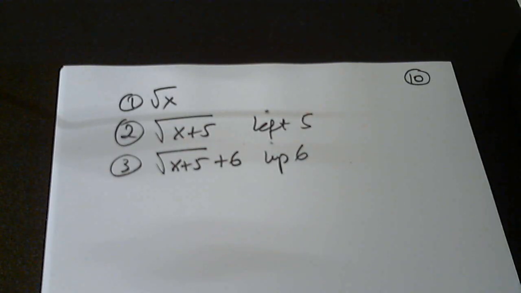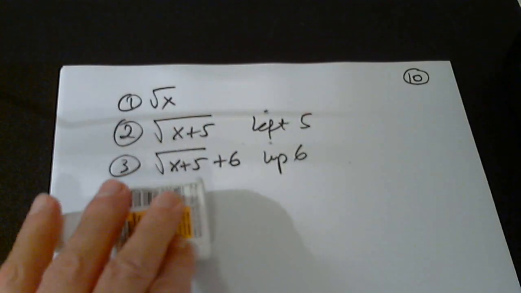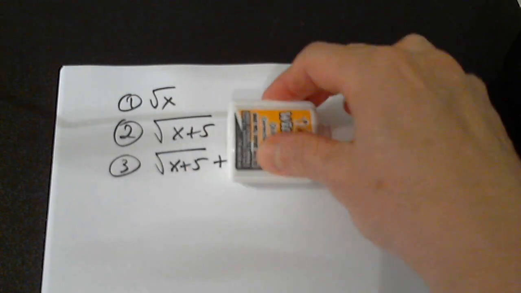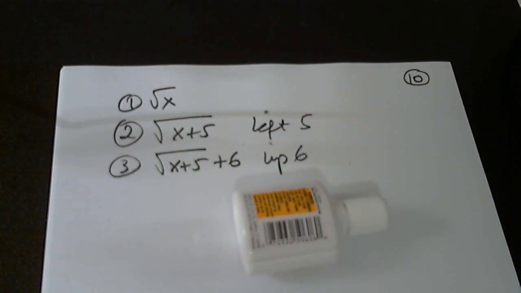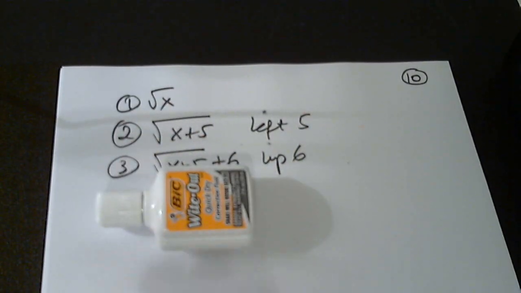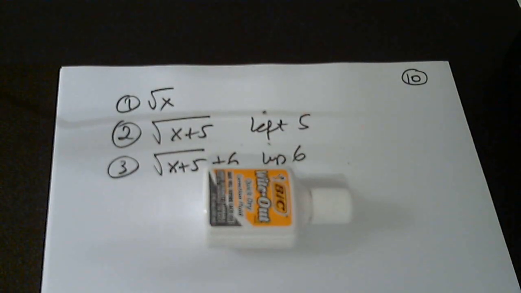One more time. When I change x to negative x, and when I change y to negative y. Again, x to negative x, and when I change y to negative y. Okay?